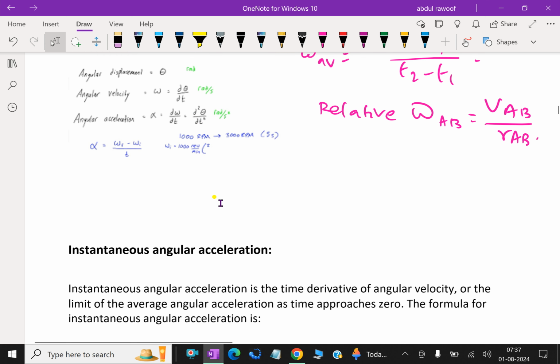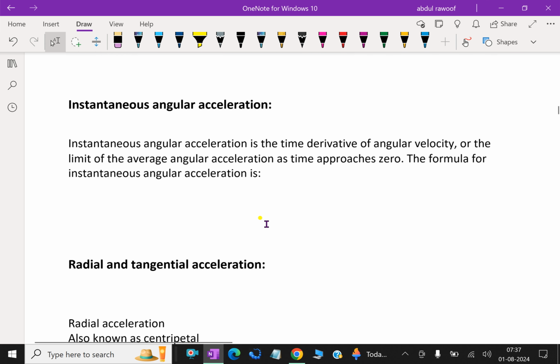Next one, instantaneous angular acceleration. Instantaneous angular acceleration is the time derivative of angular velocity, or the limit of the average angular acceleration as time approaches zero.